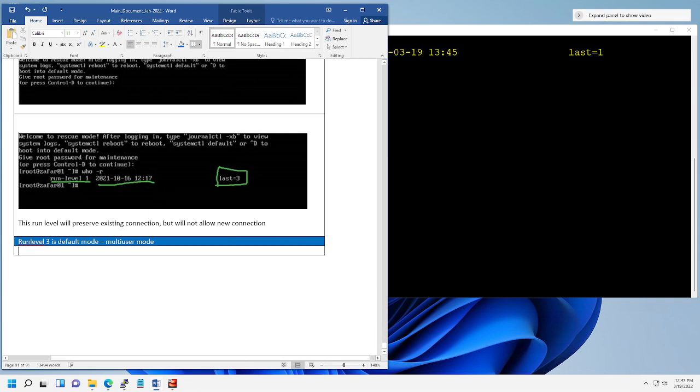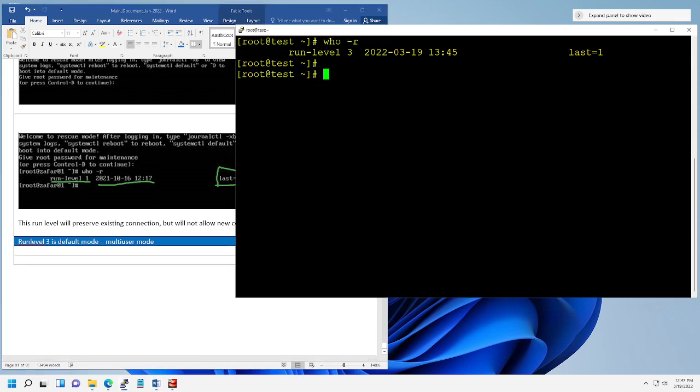So if I'm in run level 1 and I restart the system, what mode do you think the system will go into? Anybody? Run level 3, very good.